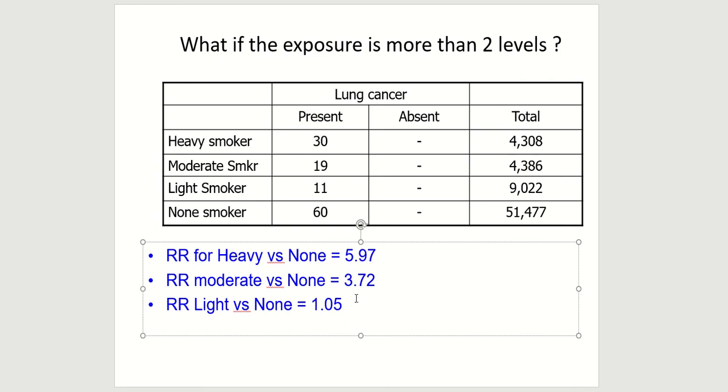So again, here I'm going to take you back to the Bradford-Hill criteria. Remember, one of the Bradford-Hill criteria is dose response, or biological gradient, meaning that the higher the level of exposure, the higher the risk of the outcome. So that is an illustration of a dose-response relationship between smoking and lung cancer.